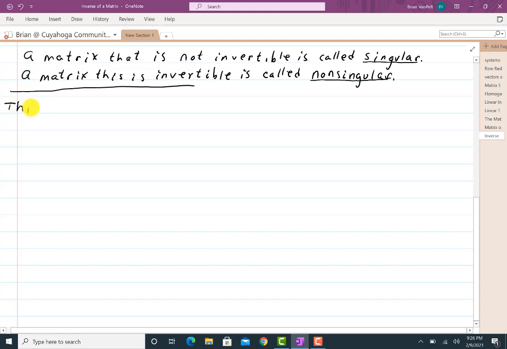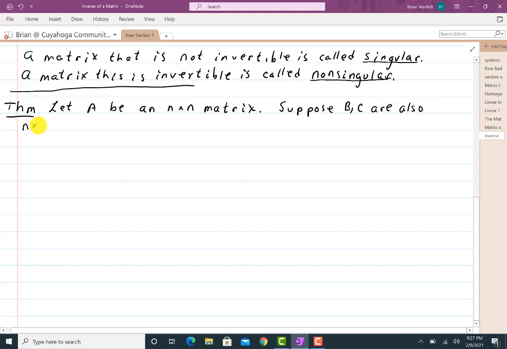Immediately we have a theorem. Let A be an n by n matrix. Suppose B and C are also n by n matrices.